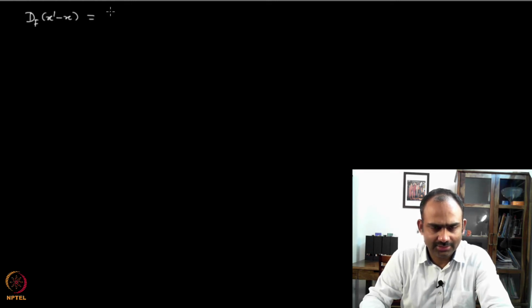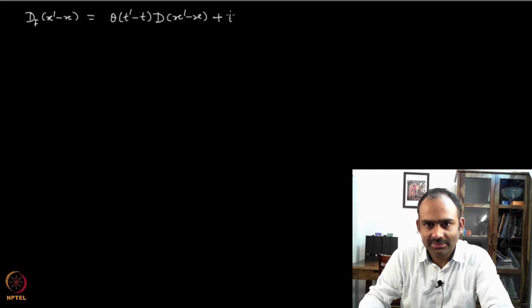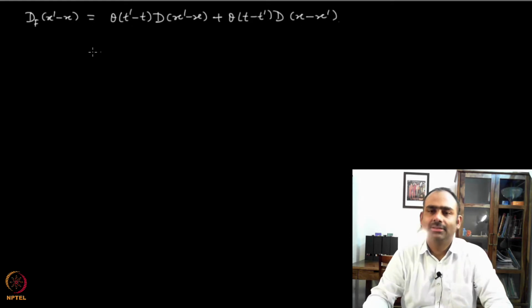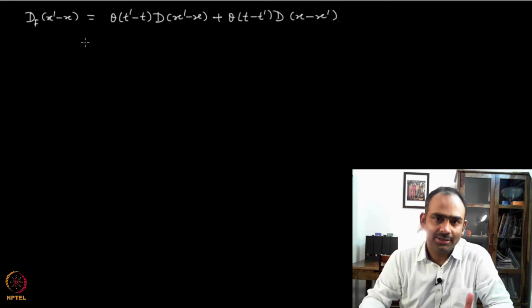We wrote this as theta of t prime minus t D of x prime minus x plus theta of t minus t prime D of x minus x prime. That's the expression for D_F, and we argued that D_F is a Lorentz invariant quantity.